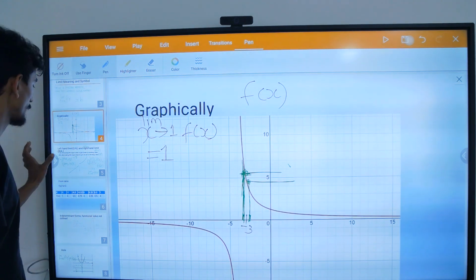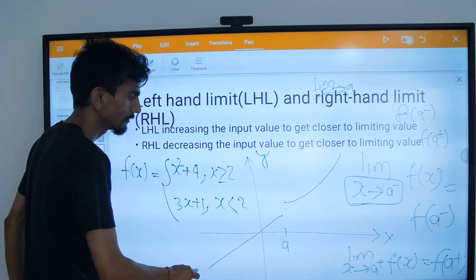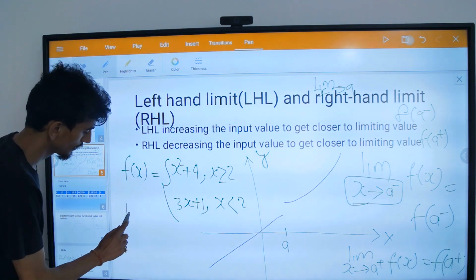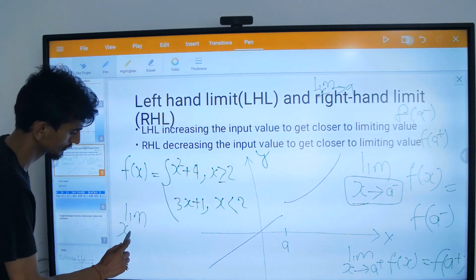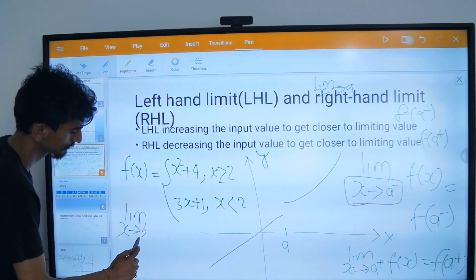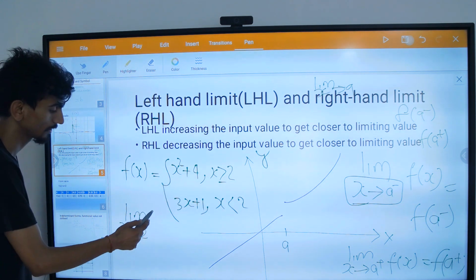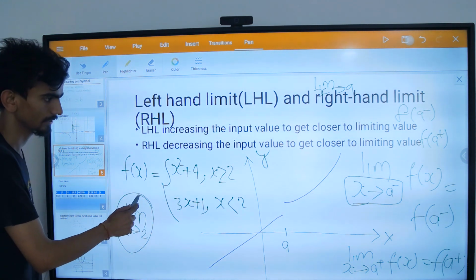For example, in this blue graph, if we need to find the limit as x tends to 2, let's see what the left hand limit and right hand limit will be in this case.